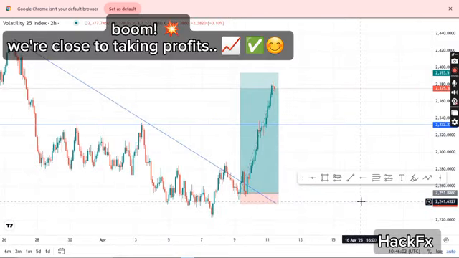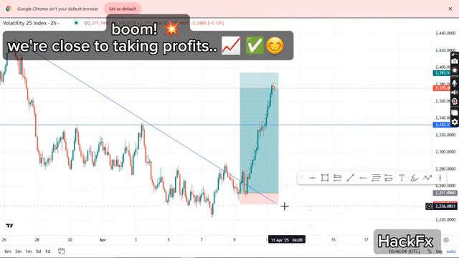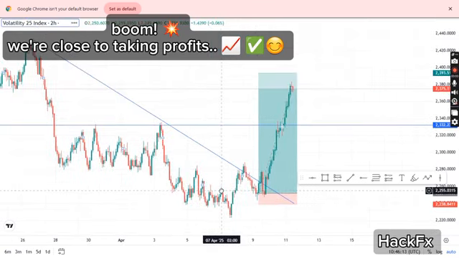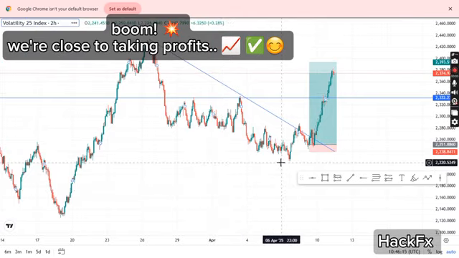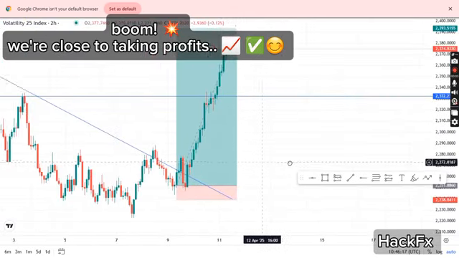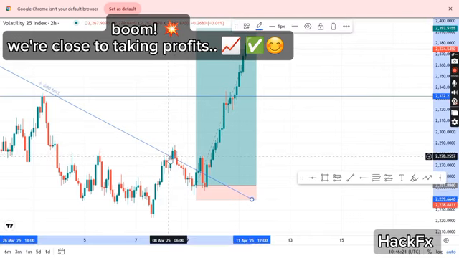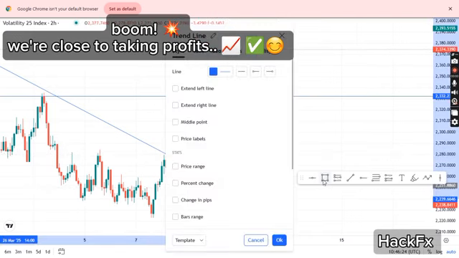So guys, look at what we have here. This was the trade we analyzed in our previous session. We caught this trade when it was still at this trend line.